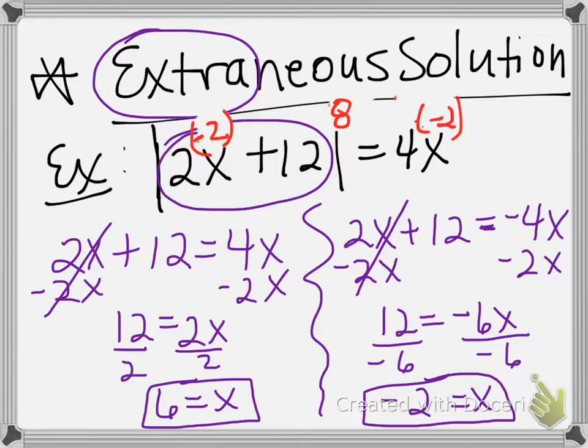On the right side, 4 times negative 2 is negative 8. 8 and negative 8 are not the same answer. So down here, this was extraneous, so we're going to mark it off. I will tell you, that does not happen very often, but you've got to be ready for it when it does happen.